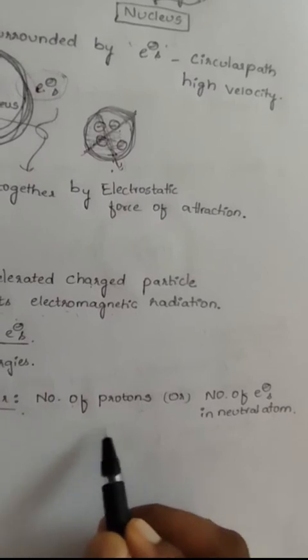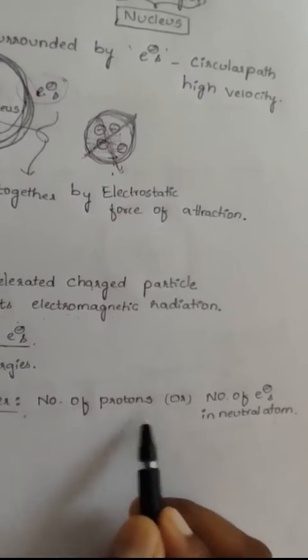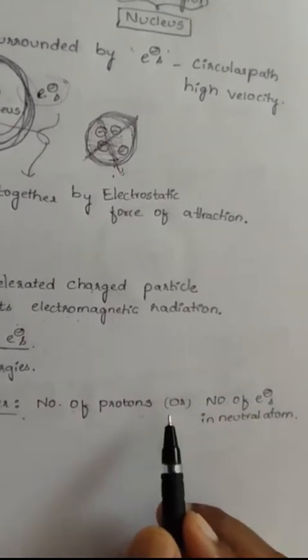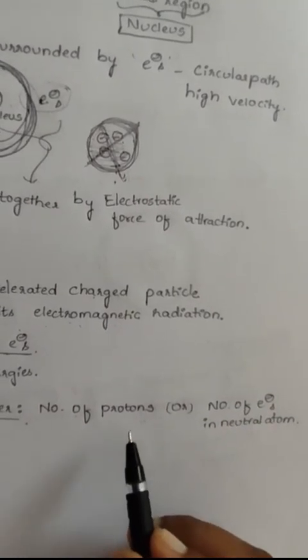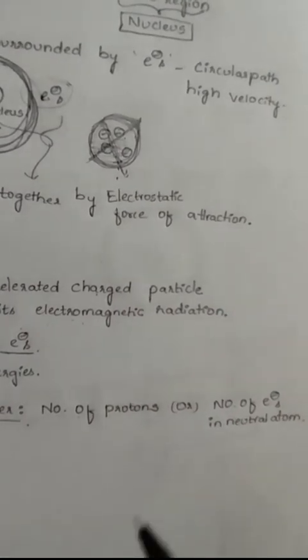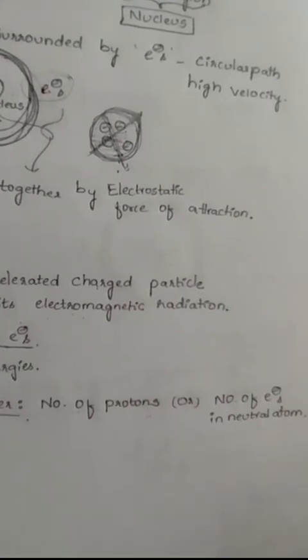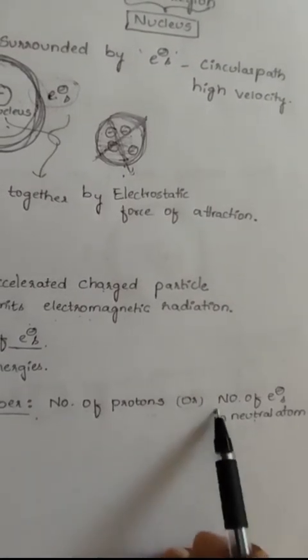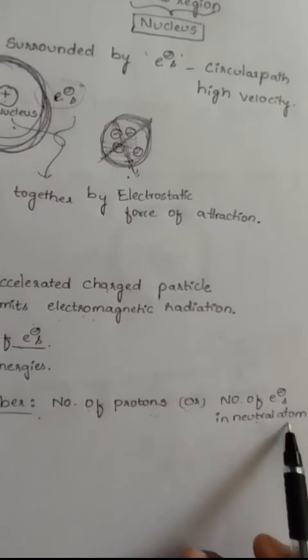In any element, the number of protons is equal to the number of electrons unless it is a charged one. A positive charge shows the loss of electrons and a negative charge shows the gain of electrons. So in a neutral atom, the number of protons is equal to the number of electrons.